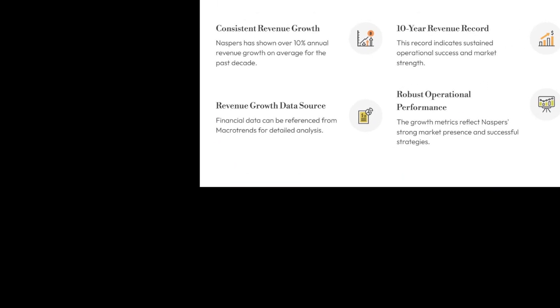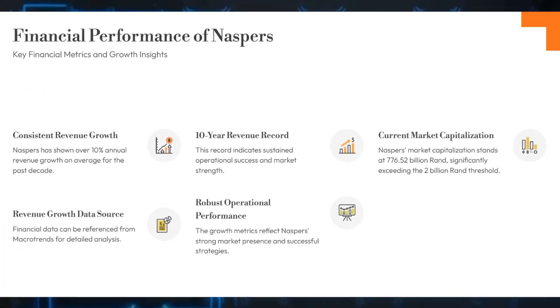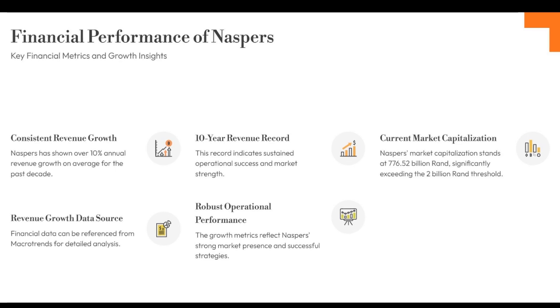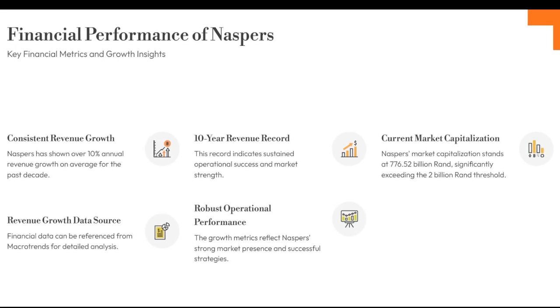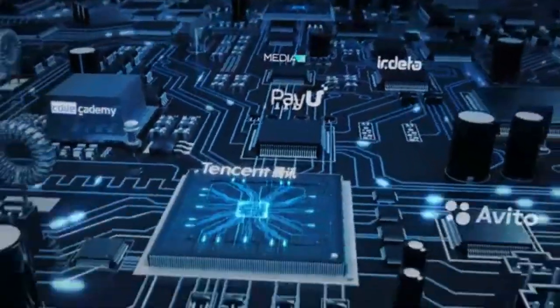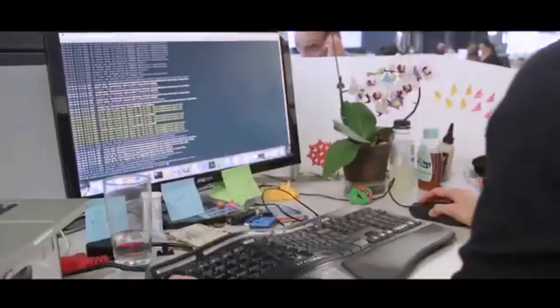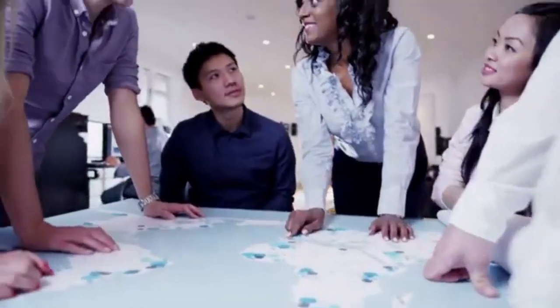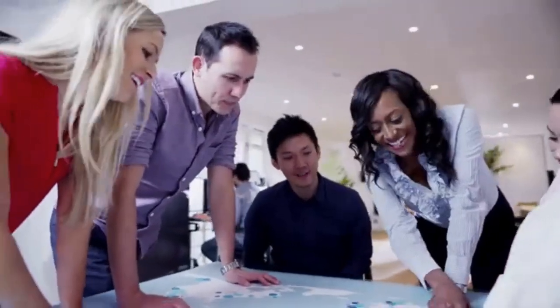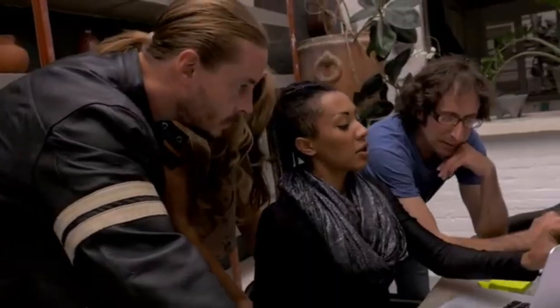Financial performance of Naspers: key financial metrics and growth insights. Consistent revenue growth: Naspers has shown over 10% annual revenue growth on average for the past decade. Revenue growth data source: financial data can be referred from Macrotrends for detailed analysis. 10-year revenue record: this record indicates sustained operational success and market strength.